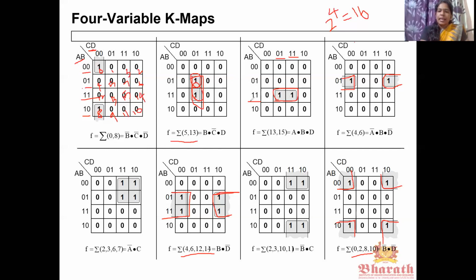So A, B, A dot B. Then 0 1 1 1. Here the value of D is same. 1 1. 1 means no complement. So A dot B dot D. Likewise, we have to map the values.